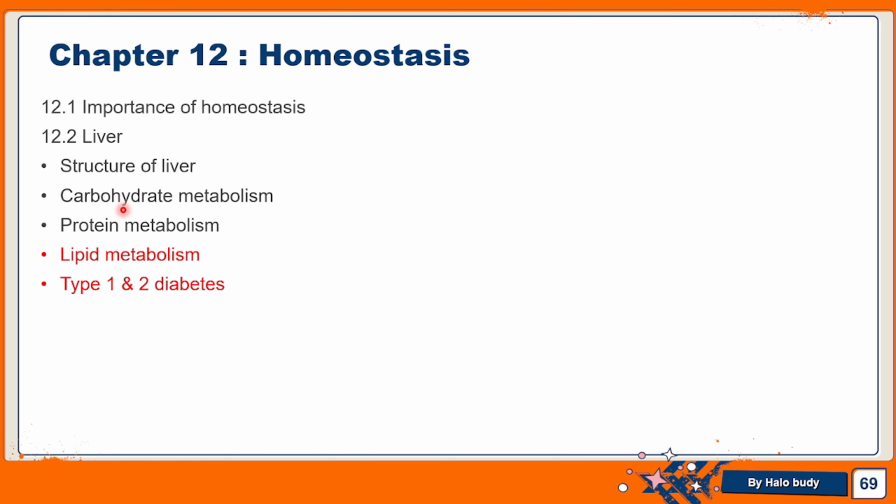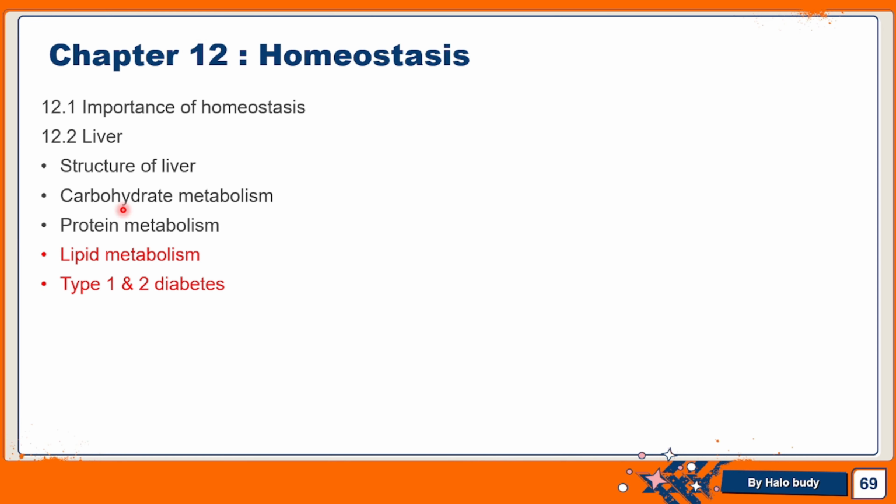Metabolism: carbohydrate metabolism, protein metabolism, and also lipid metabolism. This one is related to Sem 1 Chapter 5, glycolysis. Because when you see the word metabolism, you need to relate it to glycolysis.